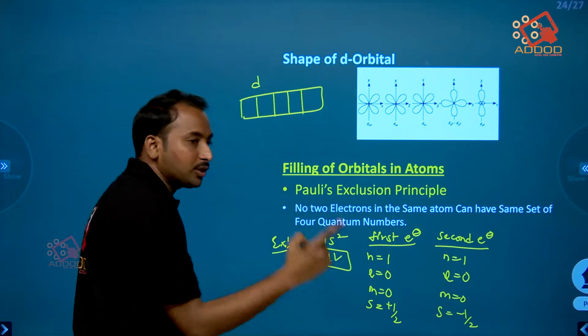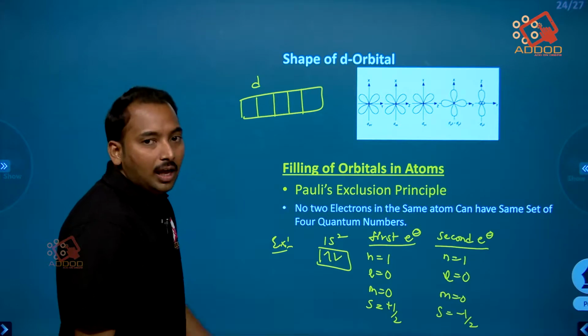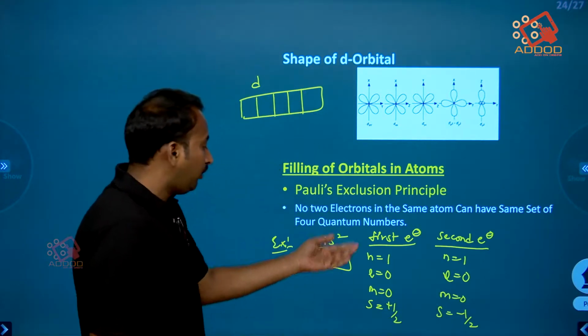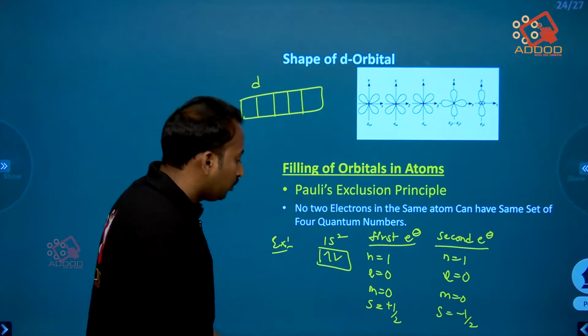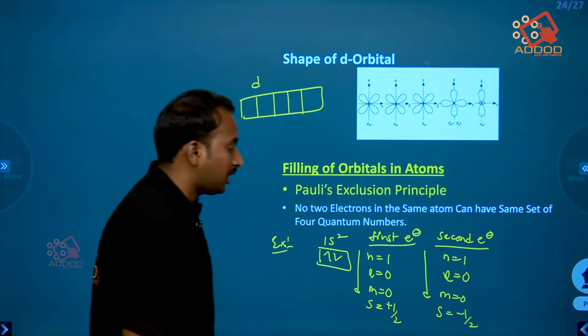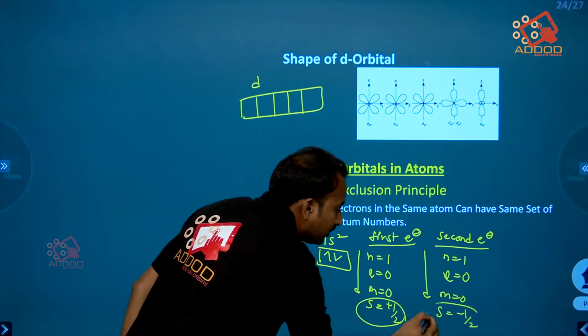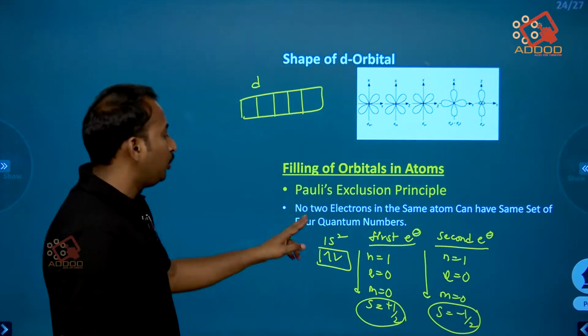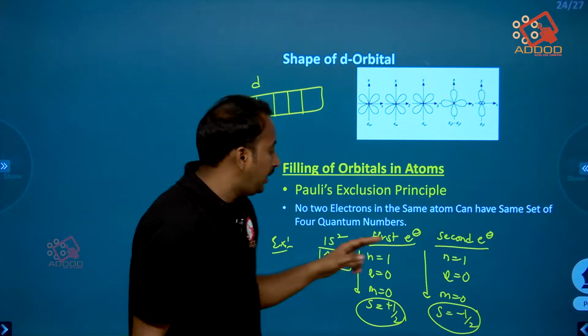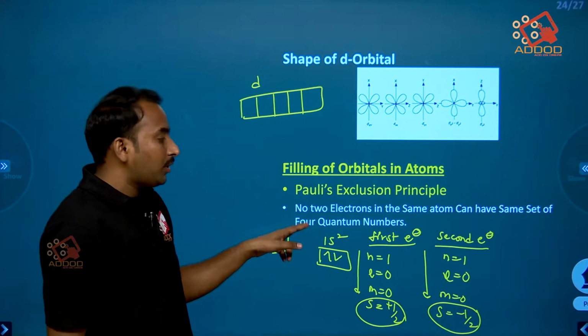One is clockwise and the other is anti-clockwise. That's why the s values are different. So the first three are the same, but the spin quantum number is different. That's why no two electrons in the same atom can have the same set of 4 quantum numbers.